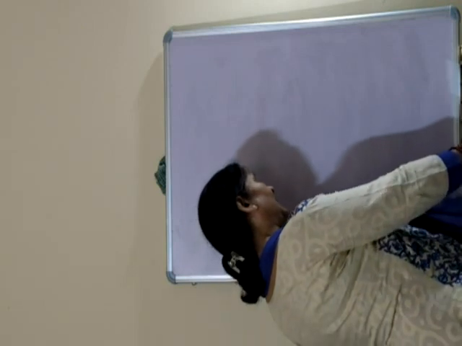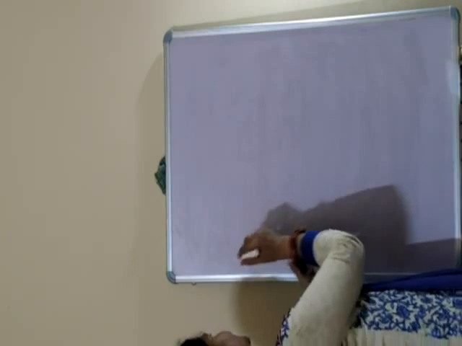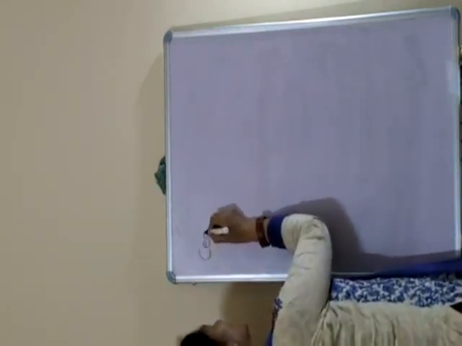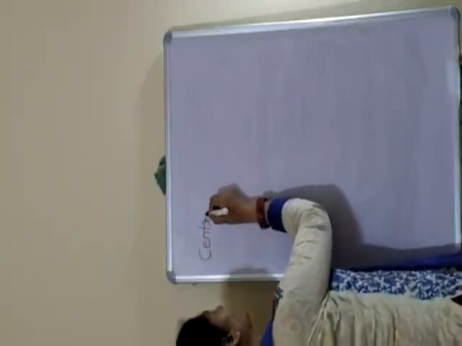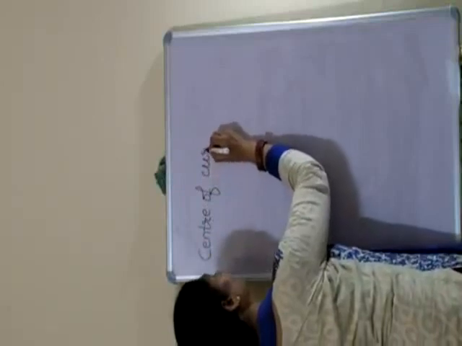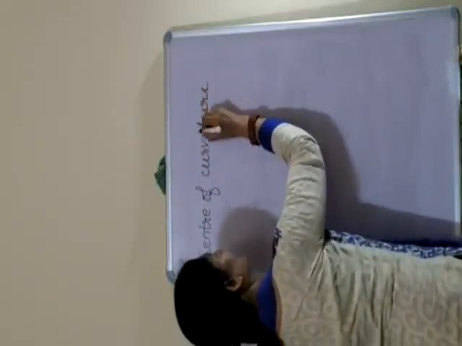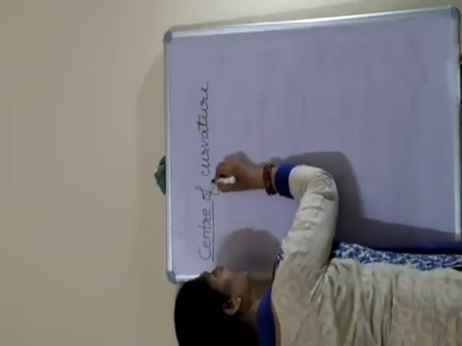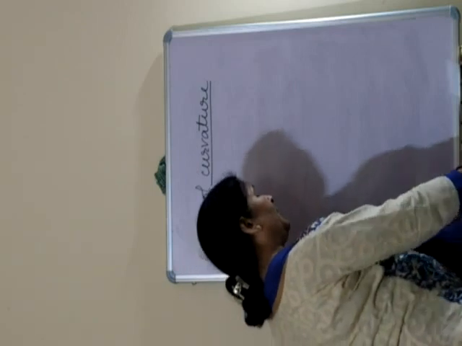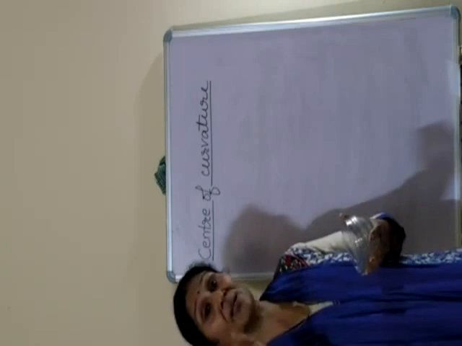First, let us start with the center of curvature of a mirror. This center of curvature of a mirror is the center of that sphere of which the mirror is a part.